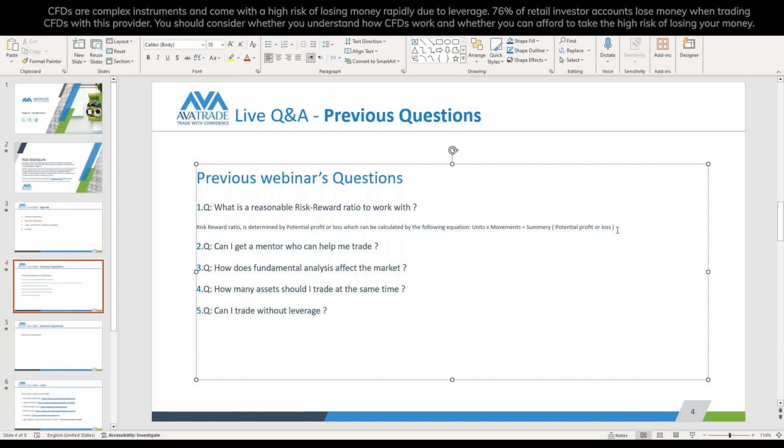Which is this one. Pretty much looks okay.